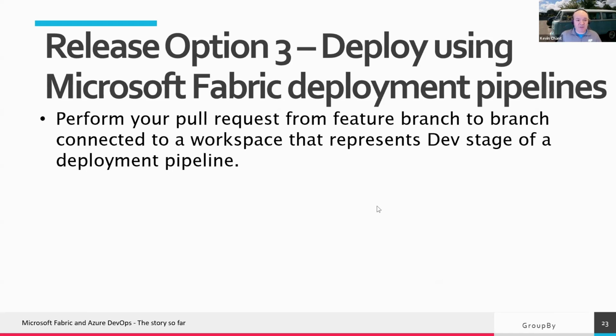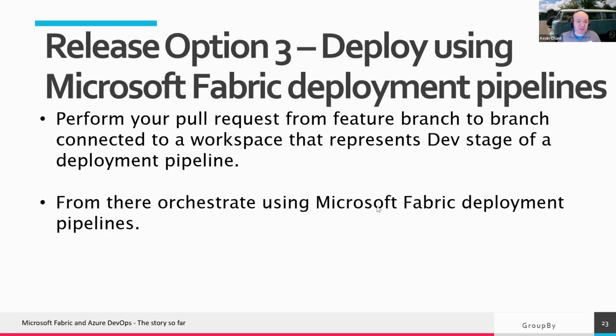And then from there, use deployment pipelines in Fabric. Now, deployment pipelines are not new to Microsoft Fabric. Those of you with a Power BI background, these are the same deployment pipelines you've worked potentially with in the past. They've been around for quite some time. And Microsoft's saying, yep, just go up to that stage, and then for the other stages, use the pipeline.